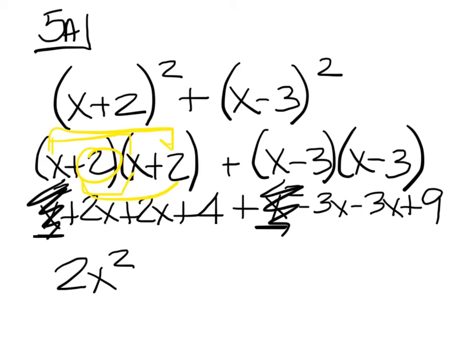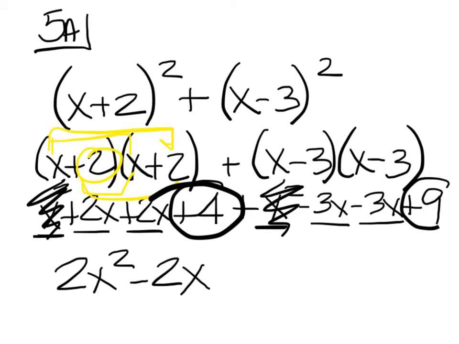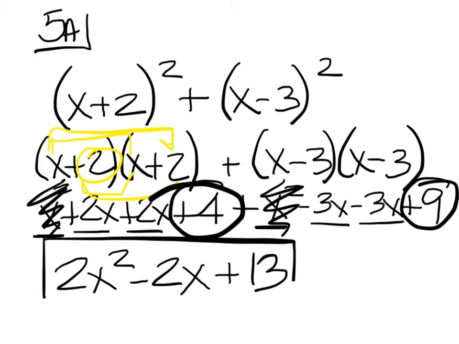You have 2x and 2x. That's 4x. 4x minus 3x is x. Minus 3x is a negative 2x. Those are now gone. And then you have a 4 plus 9. That would be 13. Final answer is 2x squared minus 2x plus 13.